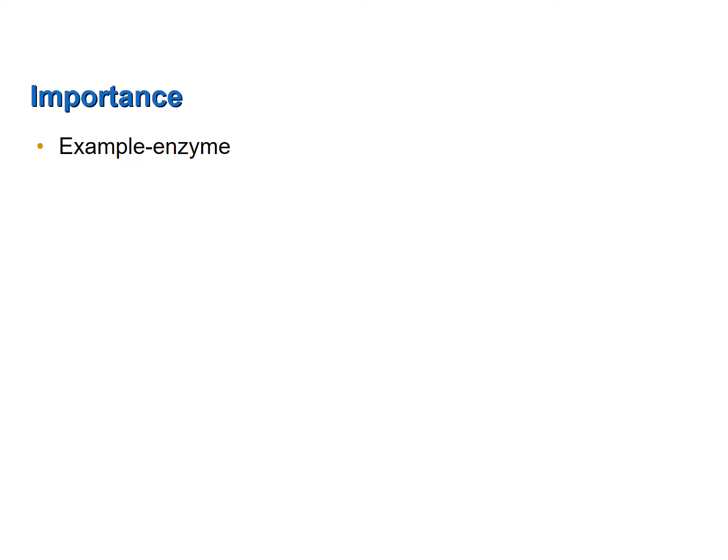Let's look at an example of how pH can change the shape of a protein. And we're going to focus on an enzyme. Remember that enzymes are proteins, and they catalyze, or speed up and control, the rates of chemical reactions inside the body.